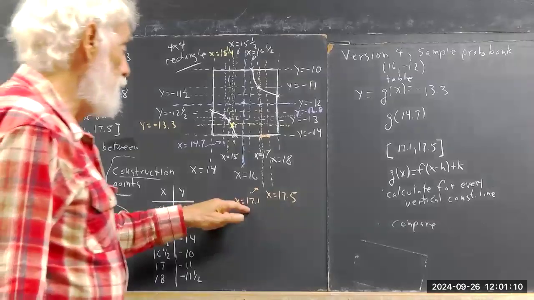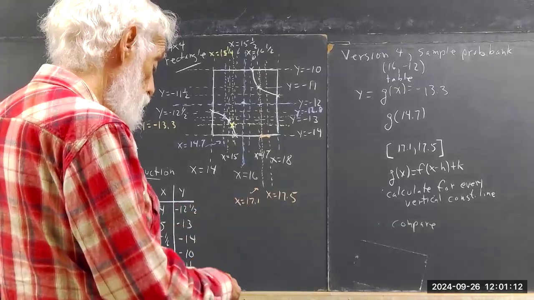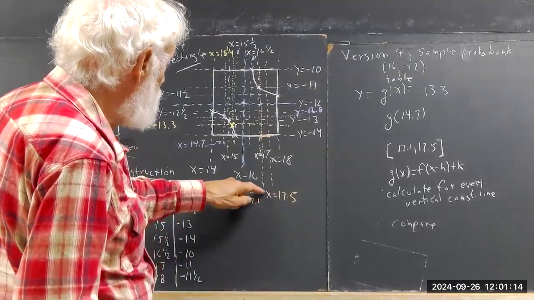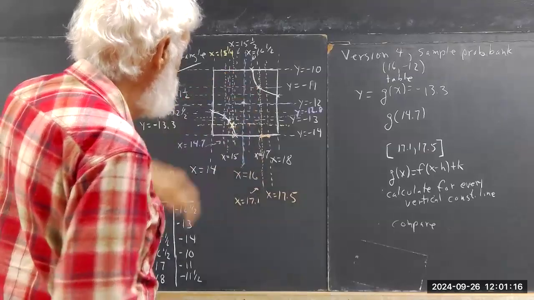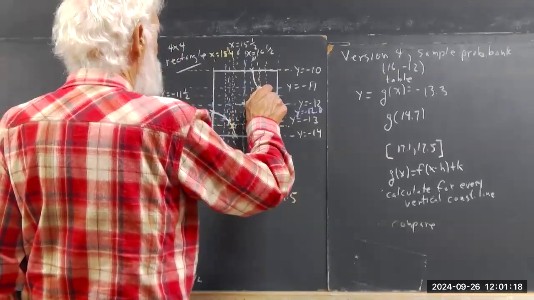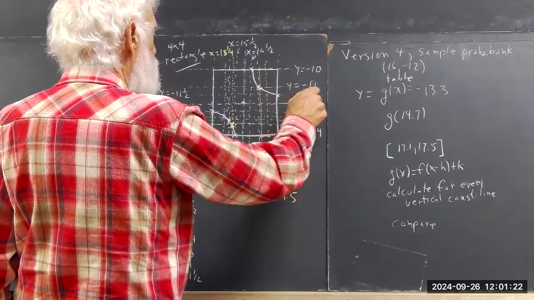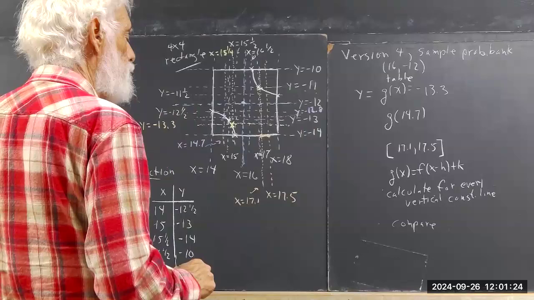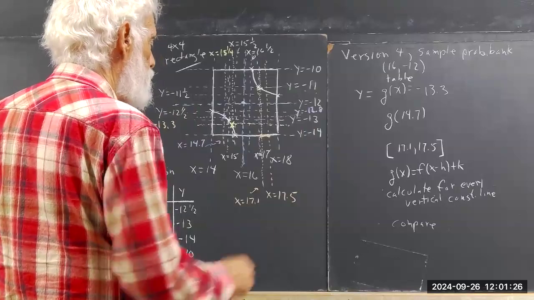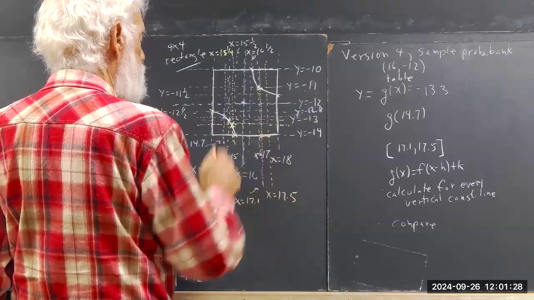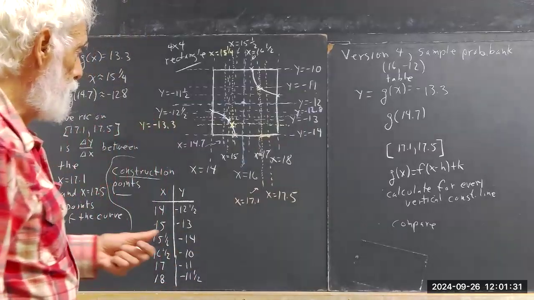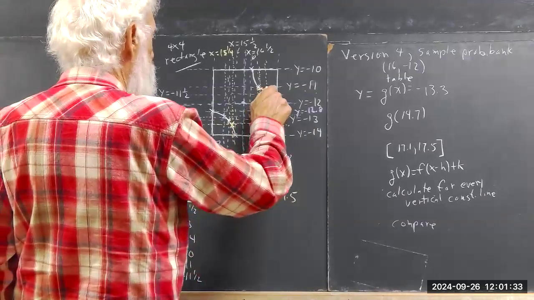Okay, well, where's the x equals 17.1 point of the curve? It's where the x equals 17.1 line intersects the curve. That's going to be about here, just below the y equals negative 11 line. And the x equals 17.5 point is right here.